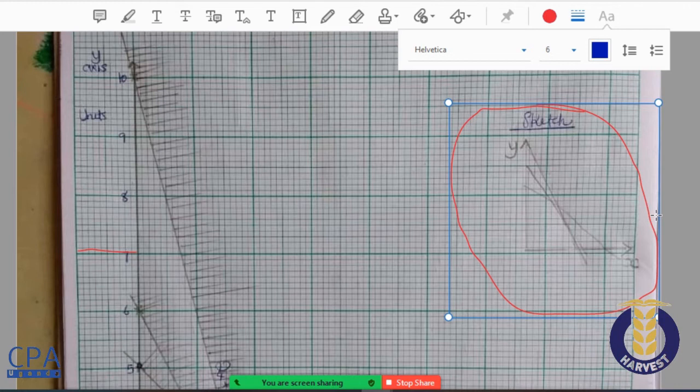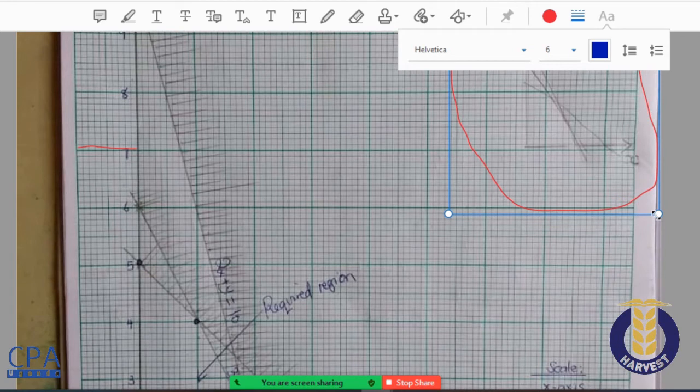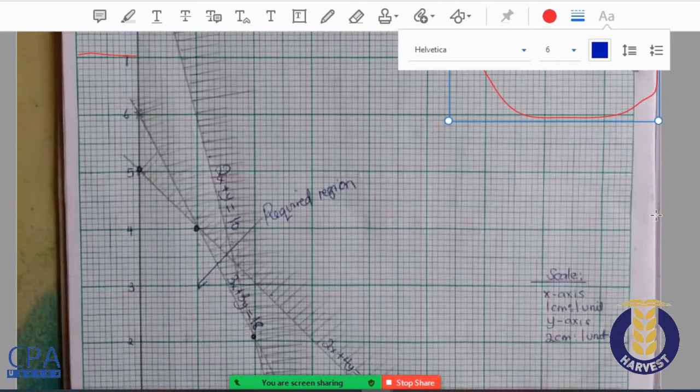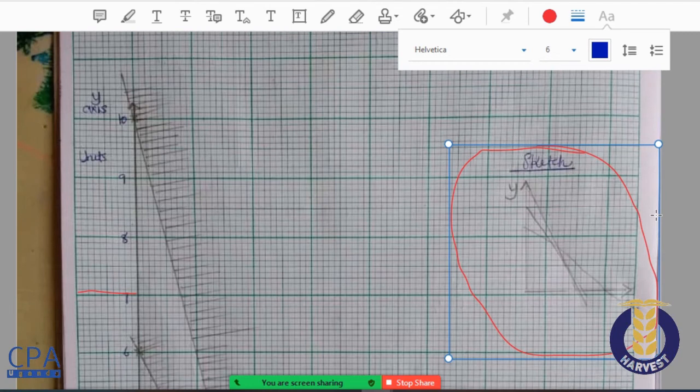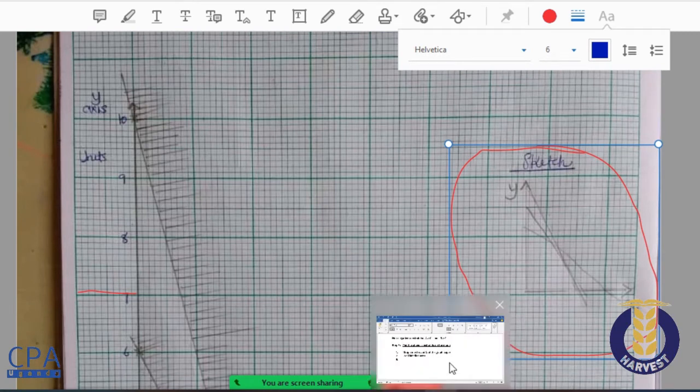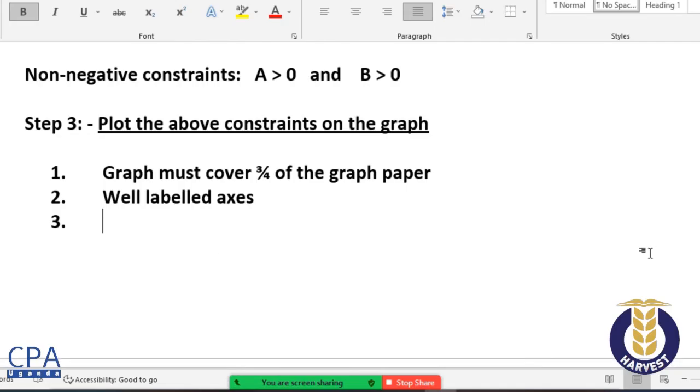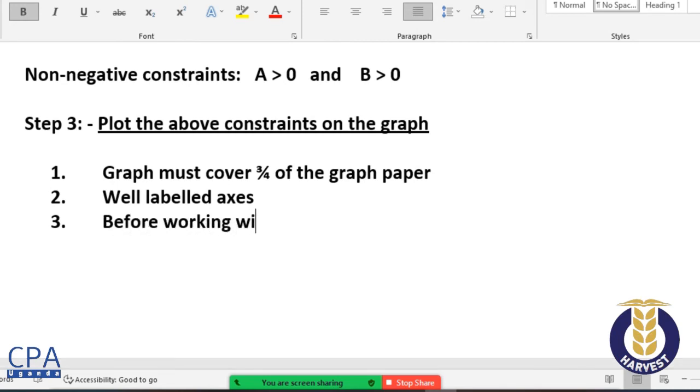Where is resource 1 line going to pass? Where is resource 2 going to pass? Where is resource 3 going to pass? That is our rule number 3: before working with the graph, make a sketch.